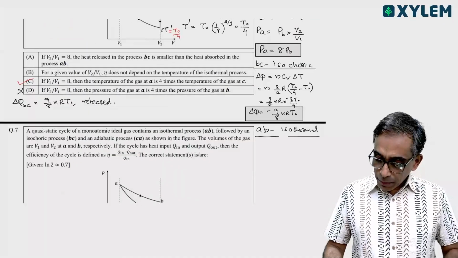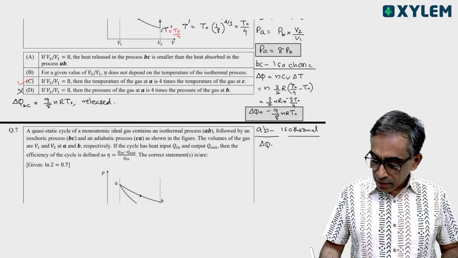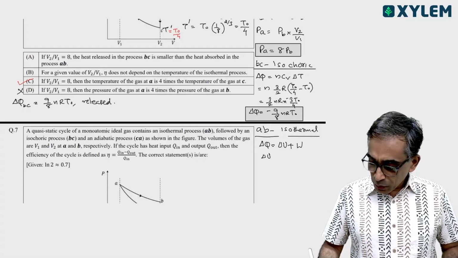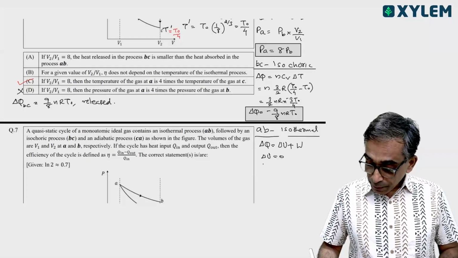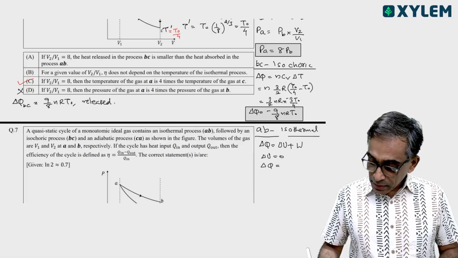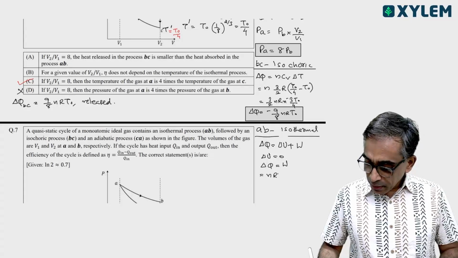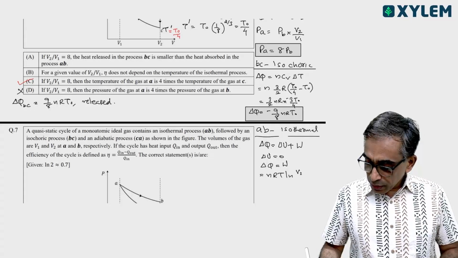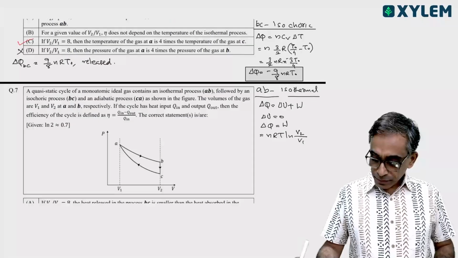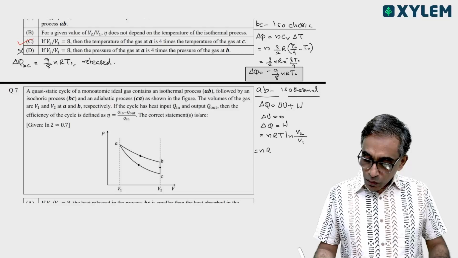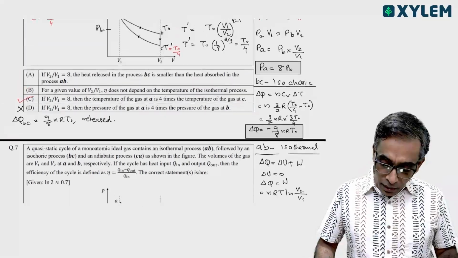In isothermal process, we know first law says that delta Q equal to delta U plus W, right? And delta U equal to 0. Therefore, delta Q is equal to W, and that is nothing but nRT log V2 divided by V1. nR, what is the temperature throughout the isothermal?